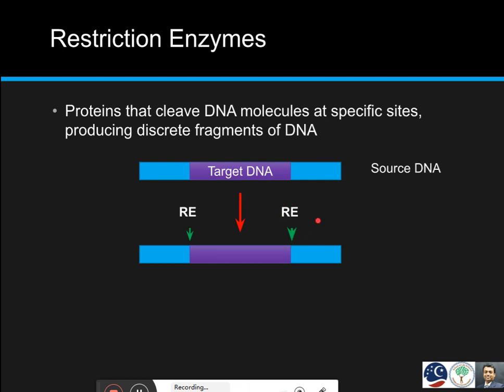When we treat the source DNA with the restriction enzymes, they will cut out the target DNA. So we can specifically isolate this portion, our DNA of interest, and proceed to the next step.